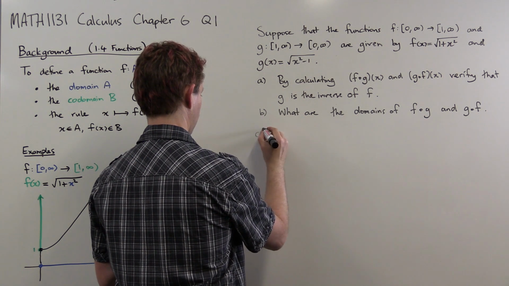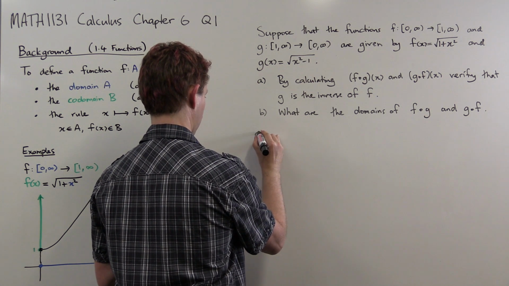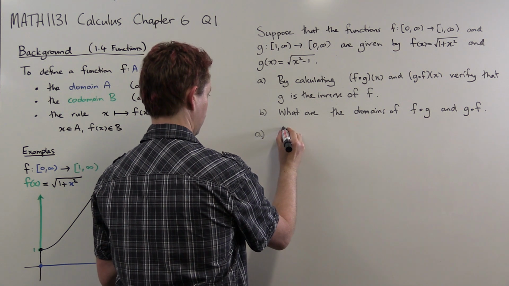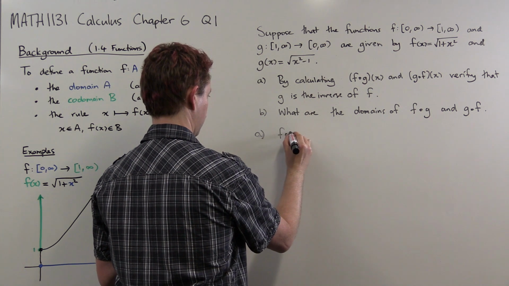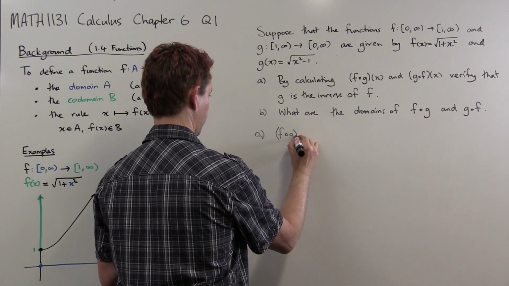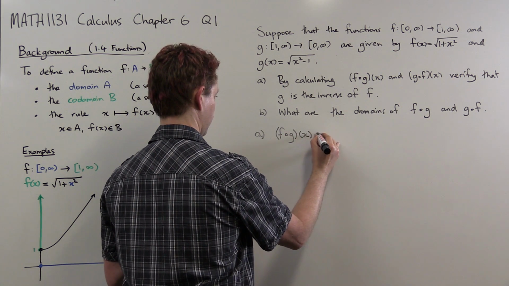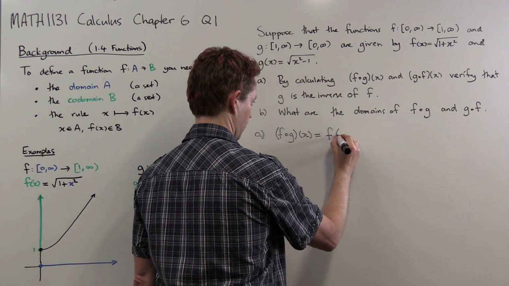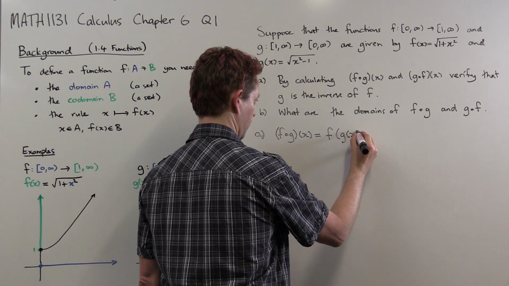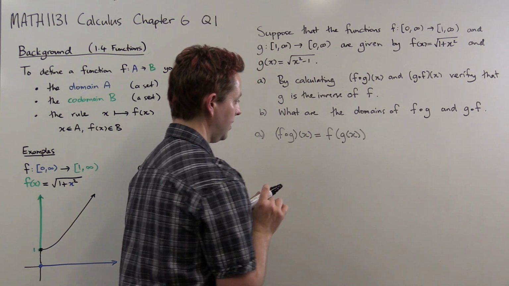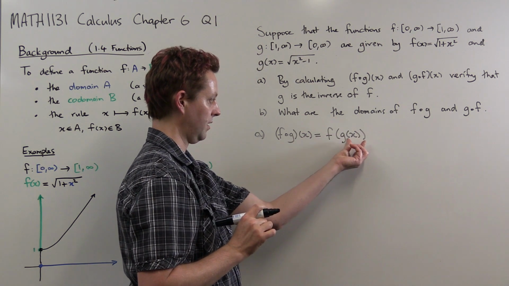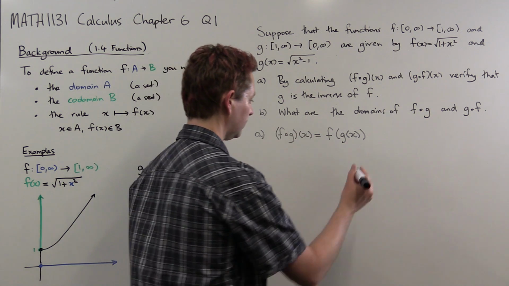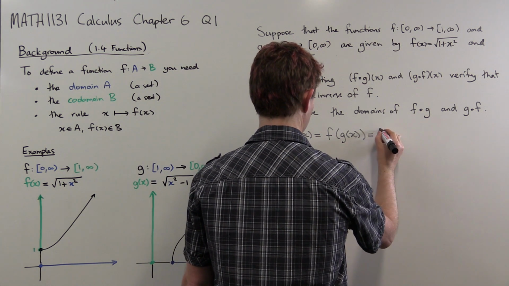So A, we want f of g of x. Now this means exactly this: for x we first apply g and then we plug g of x into f. Okay, so let's just work this out.